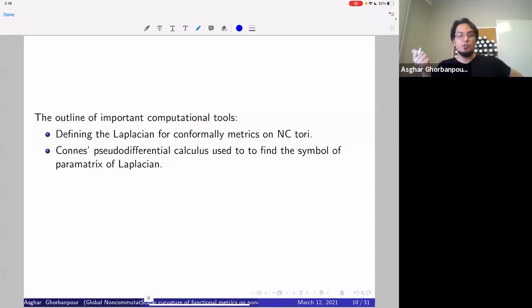But the next tool, and a very important one, basically the core of the heavy work done in these computations, is using Connes' pseudo-differential calculus to generate symbols of parametrices of the Laplacian. Those tools were well developed there.